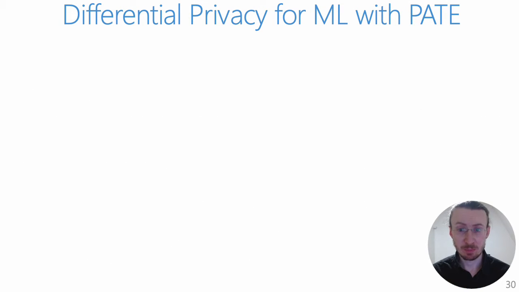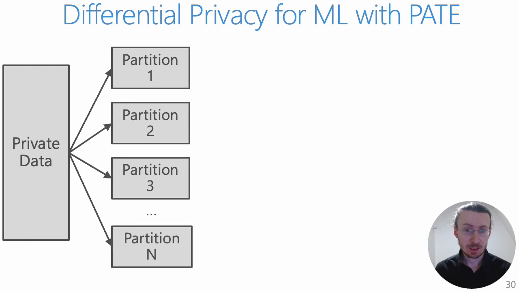Another canonical approach to achieve privacy for machine learning is the PATE framework. PATE stands for Private Aggregation of Teacher Ensembles. In PATE, instead of training a single model on a dataset, we partition data into n subsets. These subsets are disjoint in the mathematical sense, thus they do not overlap.